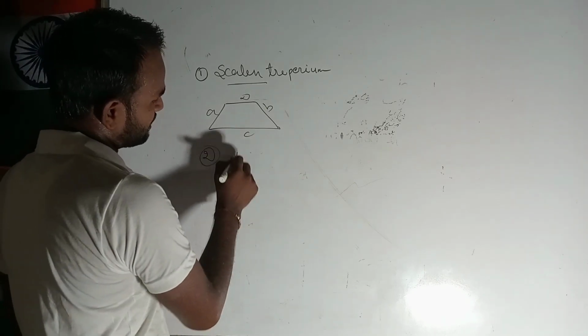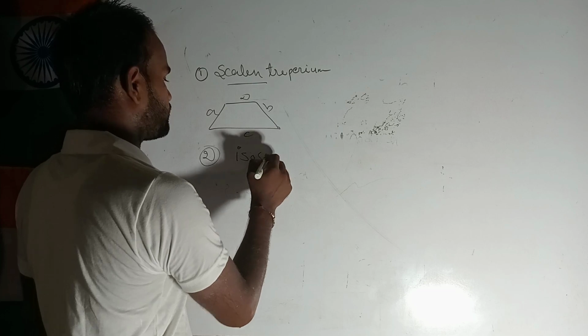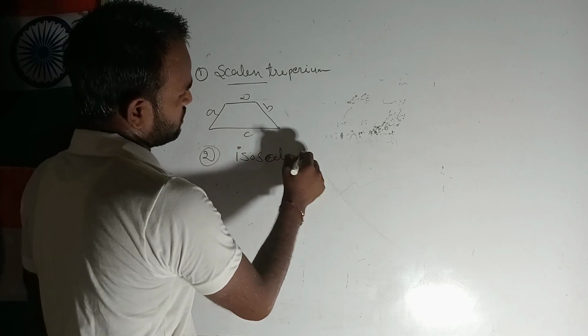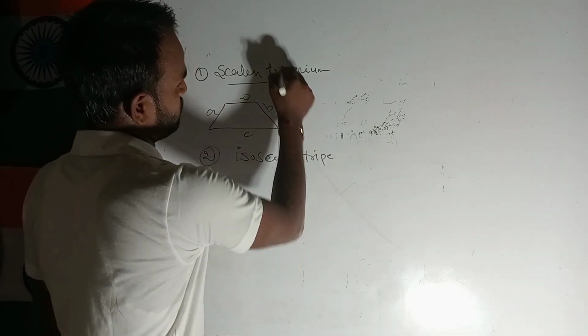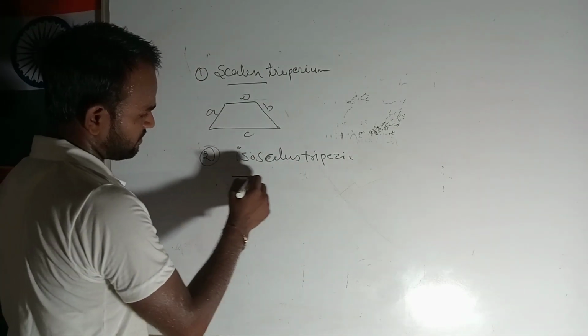Second is the isosceles trapezium. Isosceles means two sides will be equal.